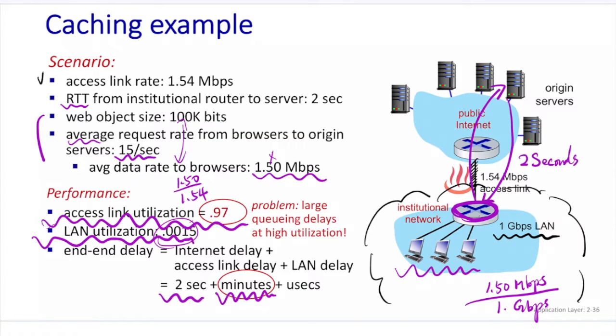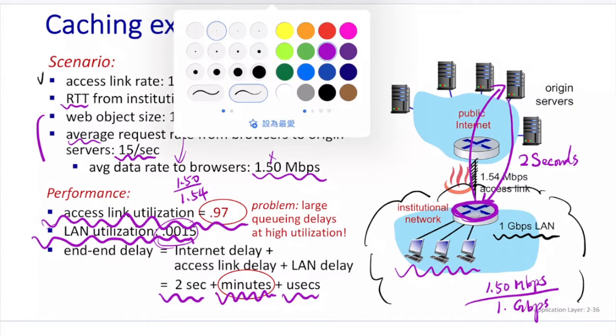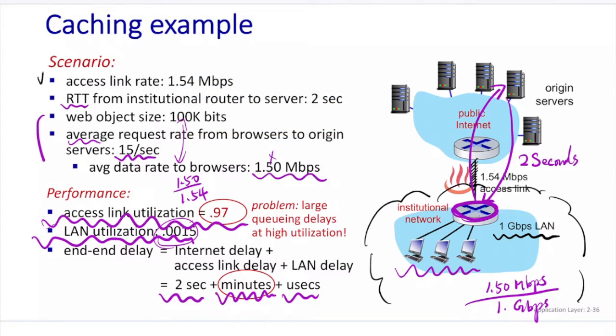The textbook just simply writes it down. It says it takes a minute to wait in the queue, and then in the LAN, it only takes several milliseconds to transmit your request from your browser to the gateway. So basically, there are three different delays.